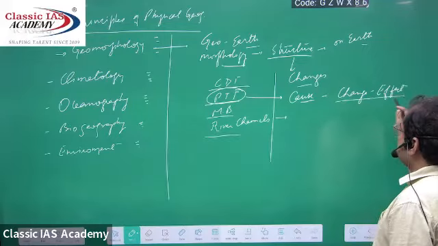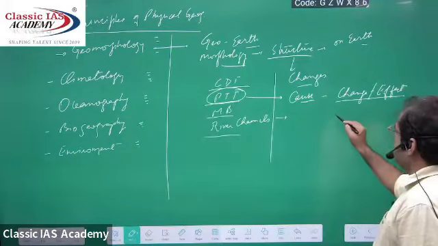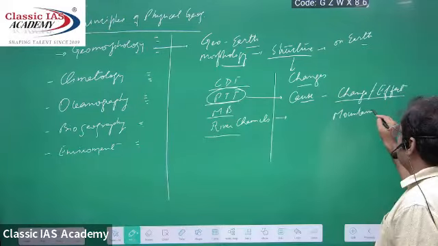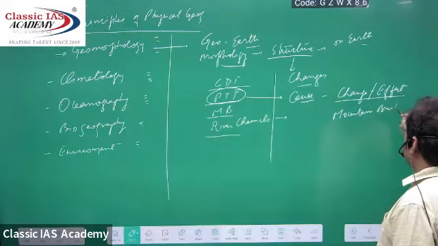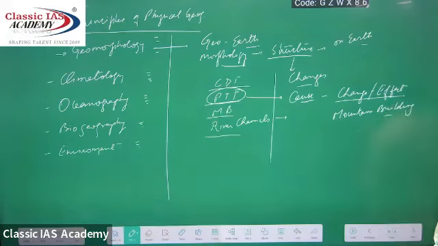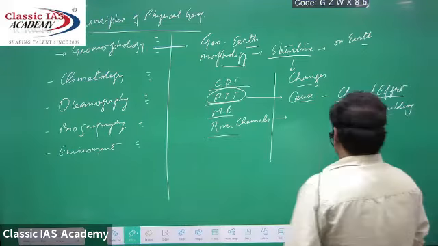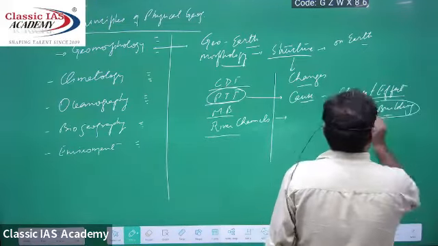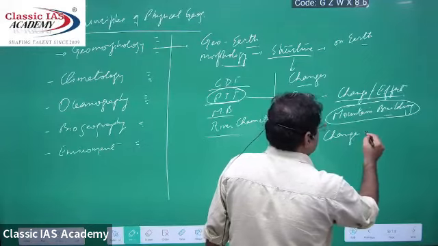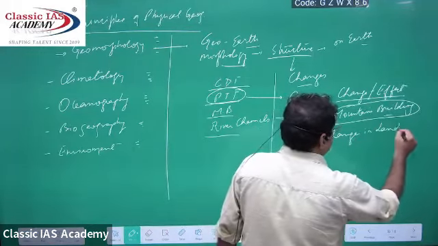This change or effect will be in the form of mountain building. Means the plate is moving under the influence of certain force and has been responsible for the formation of mountains or change in landscape.